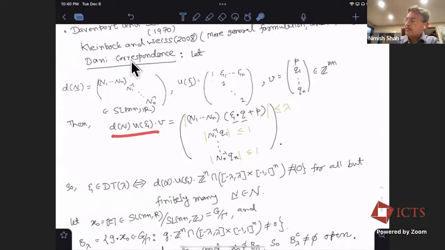Okay, so this expression looks like this. Ignore the orange part.